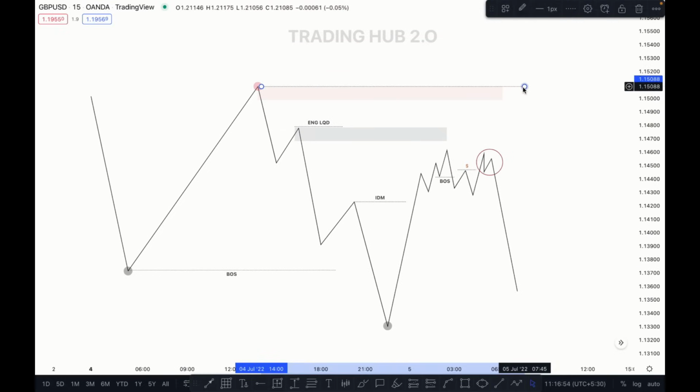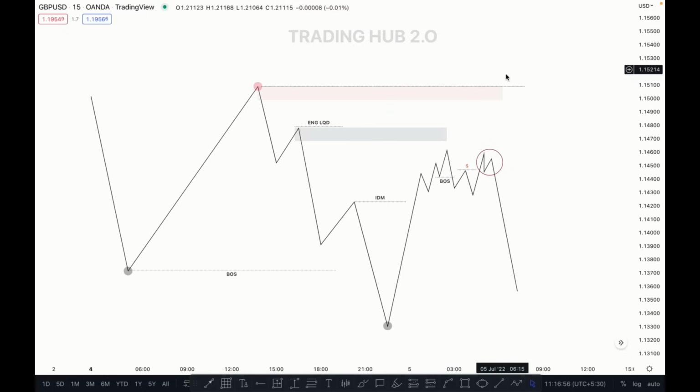The market taking out this high is called engineering liquidity. If the market closes above it, then you can also apply the same thing here. Because this is our entry type 2, there is no need to mitigate any supply or demand zone.